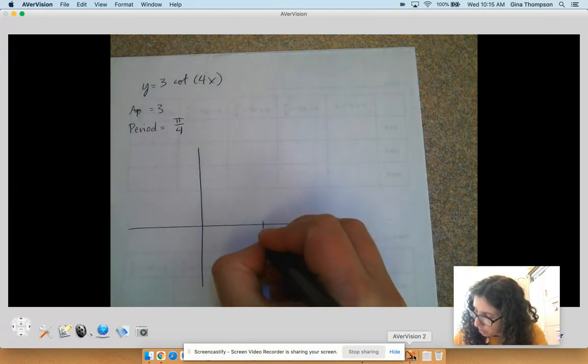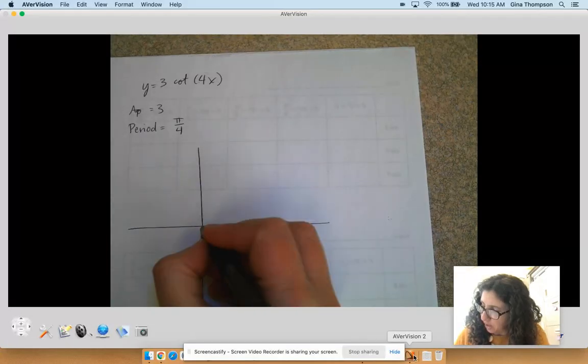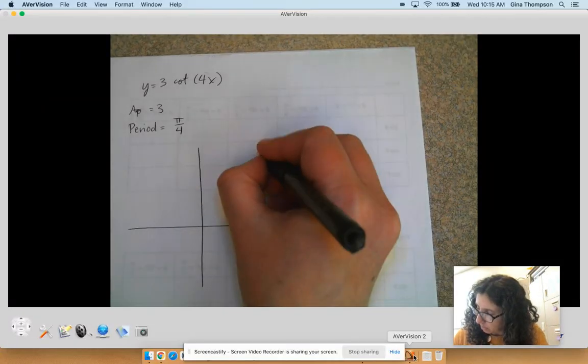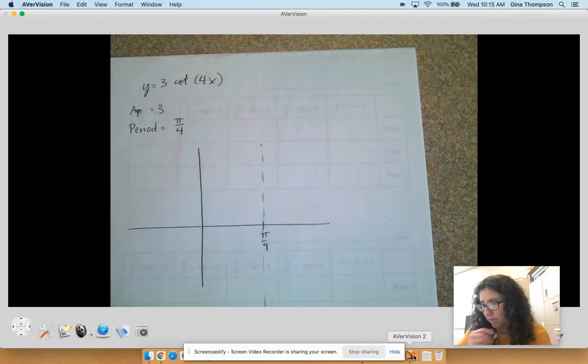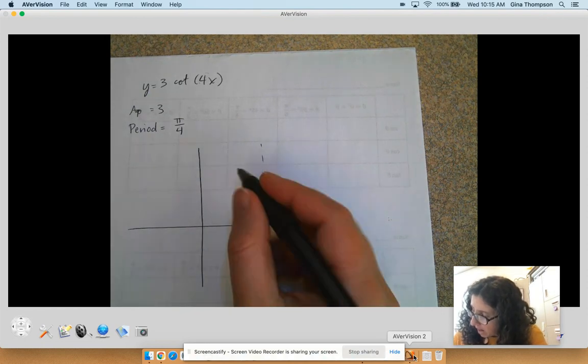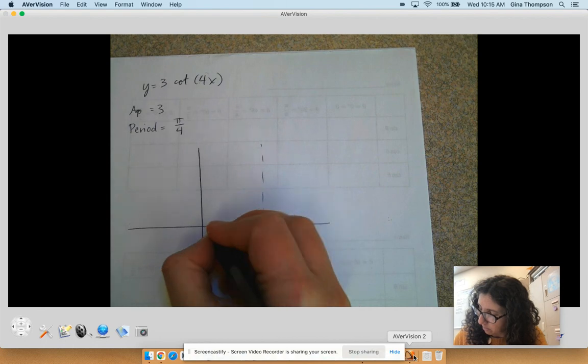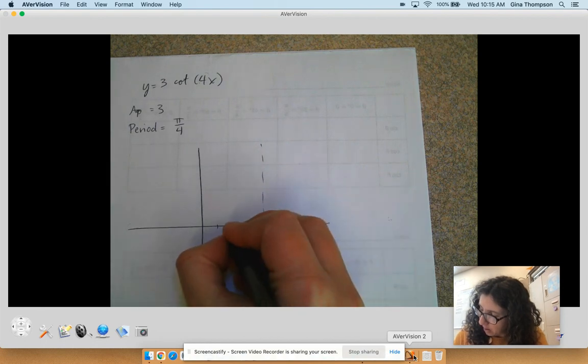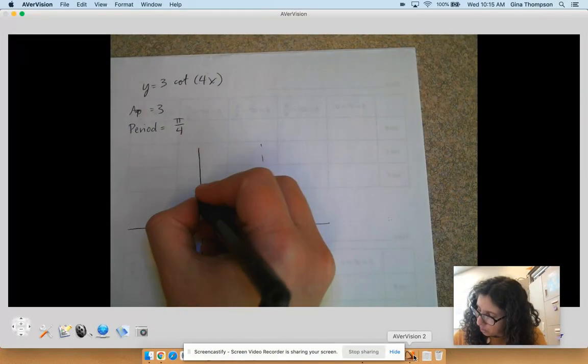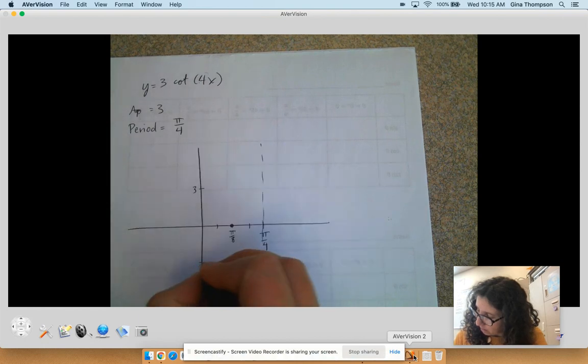So here's pi fourths. We're going to go from 0 to pi fourths. There's one period. So halfway through is going to be pi over 8. And it's going to cross right there. Our amplitude is 3 and -3.